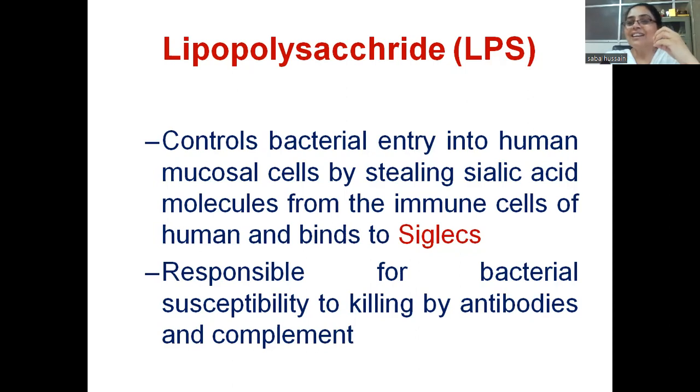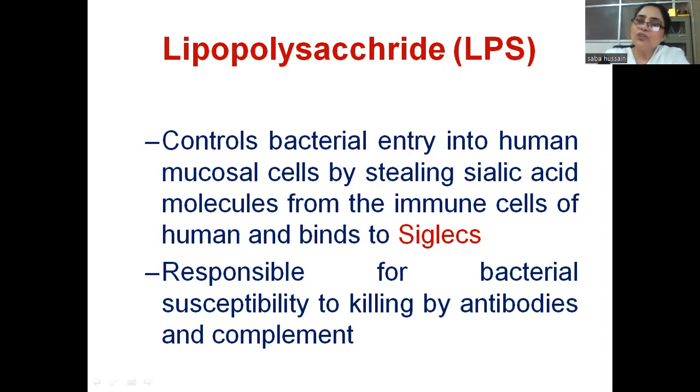That means it gets sialylated and then enters inside the neutrophils. Neutrophils are there to protect us, but they are fooled by this, and it allows the entry of lipopolysaccharides. Because of this lipopolysaccharide, Neisseria gonorrhoeae enters inside the human cell and thus fools the human immune cell.